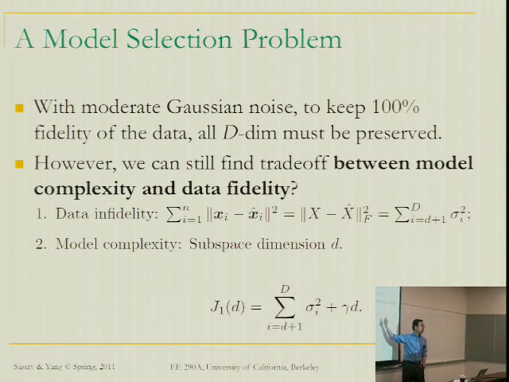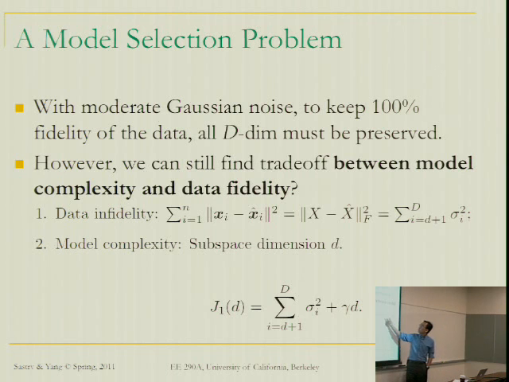Everybody agree? The Frobenius norm is just the sum of the squares of the entries of the matrix. Now, if I choose small d to approximate my data capital X, you can see that this component will be the sum of the first d components in the singular value decomposition, right? So what's left is the rest of the components from d plus 1 to capital D, right?